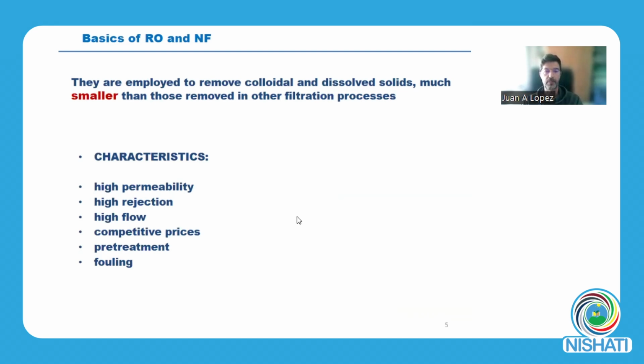Current membranes have high permeability, so very nice production, high rejection for salts, very efficient salt separation. These membranes have high flow, competitive prices, but they need well-designed pretreatment. This is a critical point, a key issue, the pretreatment, in order to avoid the fouling.